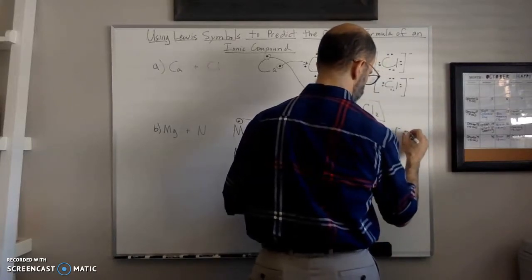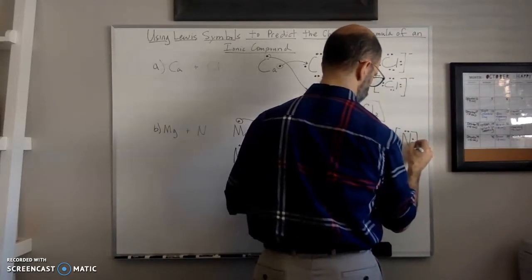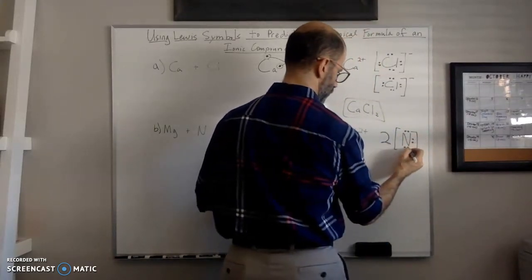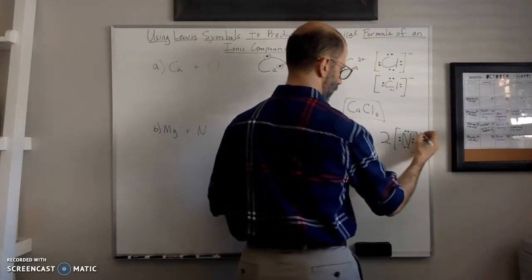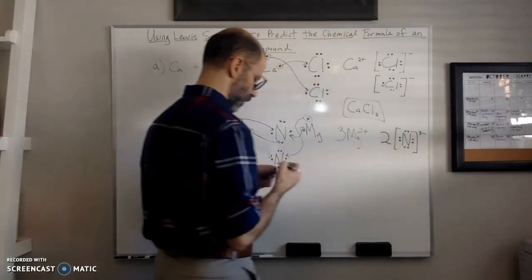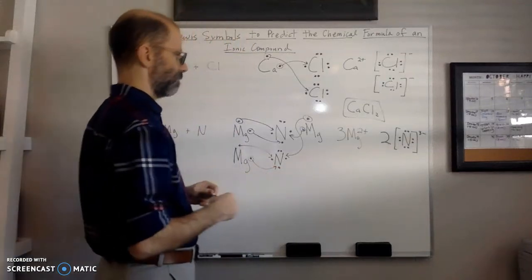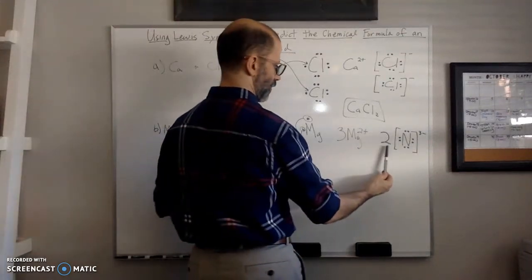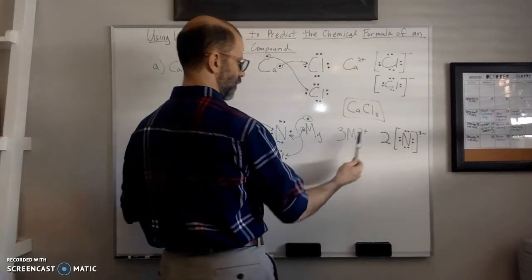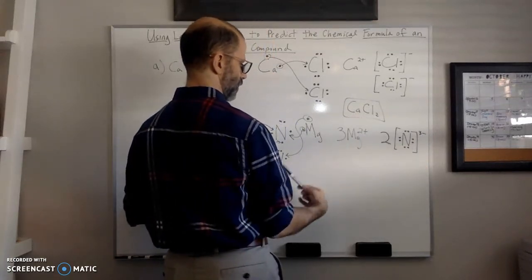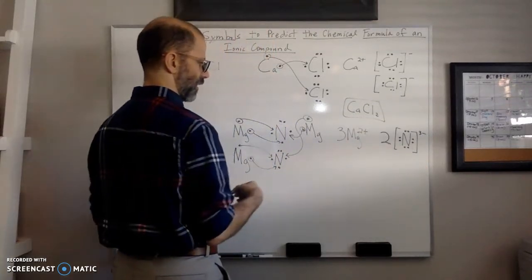So we've got 1, 2, 3, 4, 5, 6, 7, 8, and it's got a 3 minus charge on the outside. So you can see that the charge balances. 2 times negative 3 is negative 6. 3 times 2 is positive 6, so they cancel each other out.